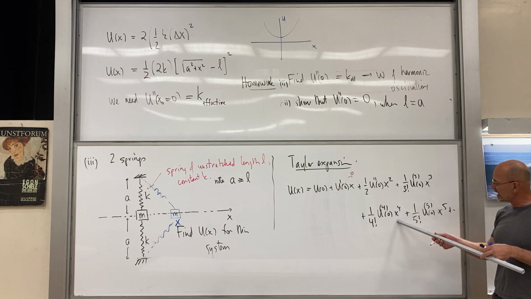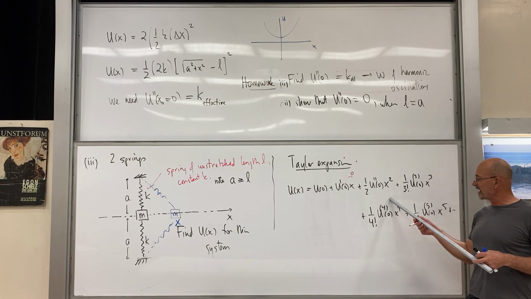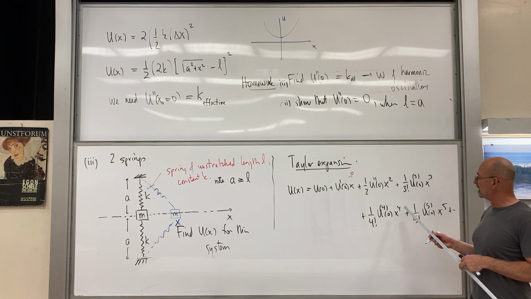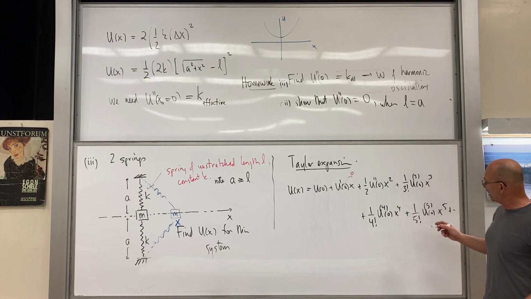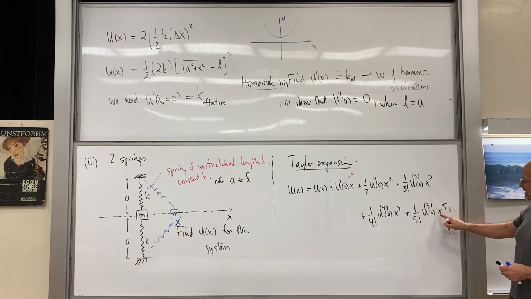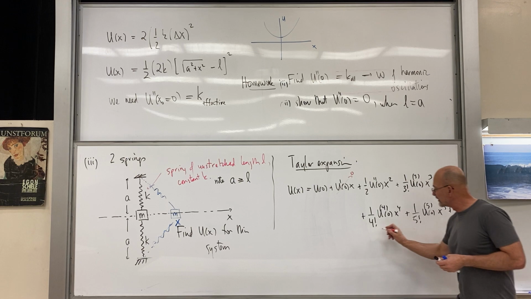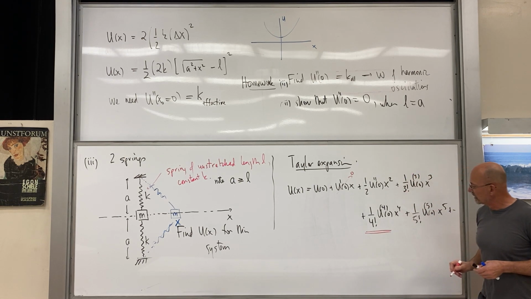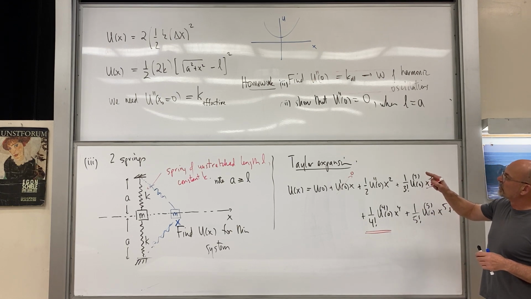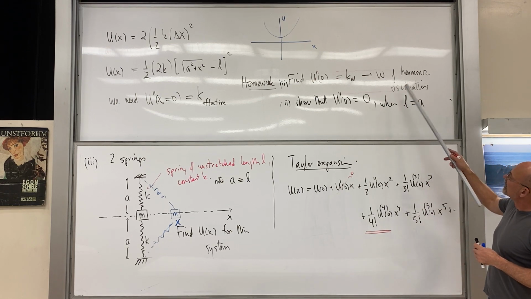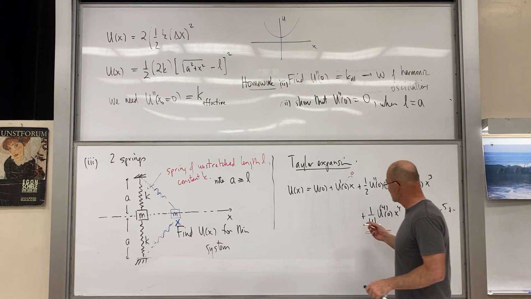And the next term, the next non-zero one, would be the fourth derivative. We may save that assignment for later. But yeah, the next non-zero one would be the fourth derivative. And then this one again, because we have an even function there, is going to vanish. So this is going to be the first term that plays a role in the dynamics if we have this situation when L is equal to A. So that's an interesting note here.